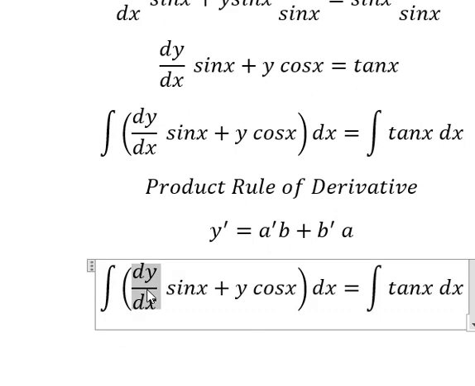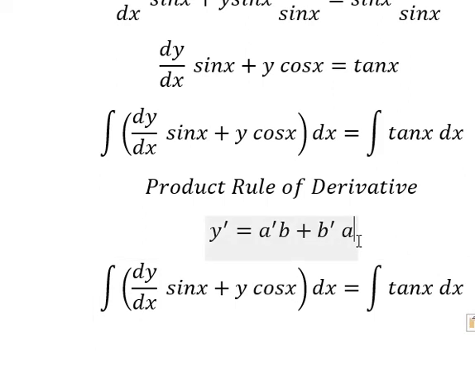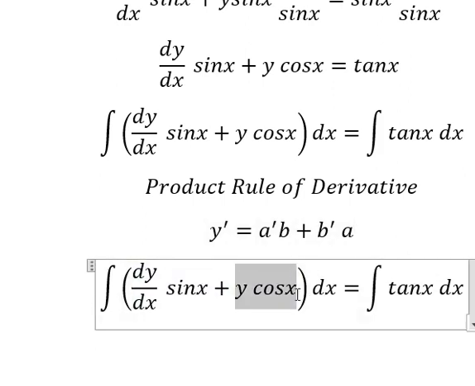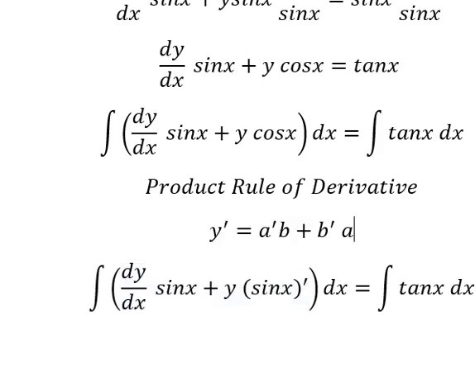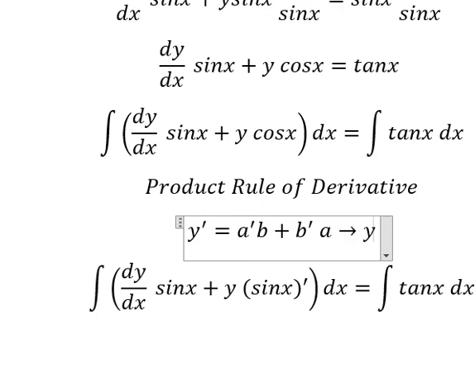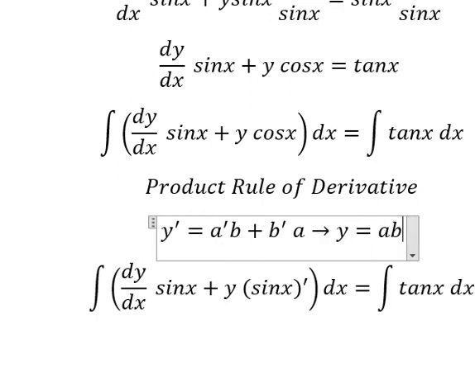So this is the first derivative of a multiplied by b. This one is the first derivative of b multiplied by a. So the integration of this one is y equals ab.